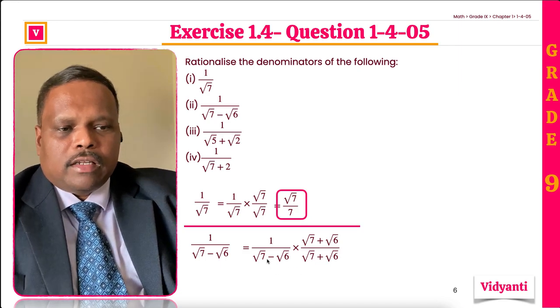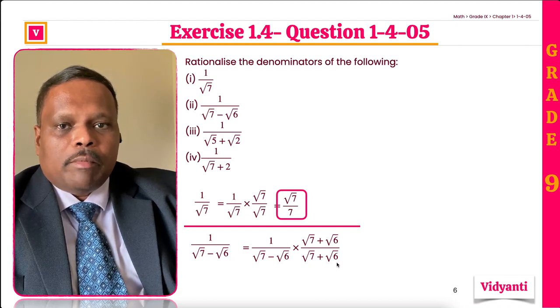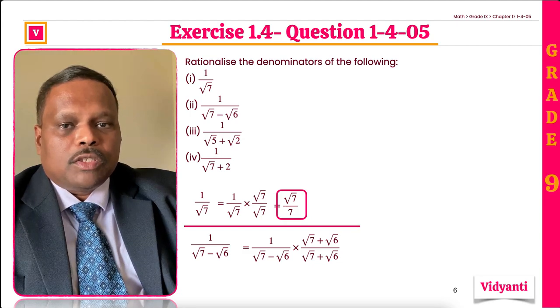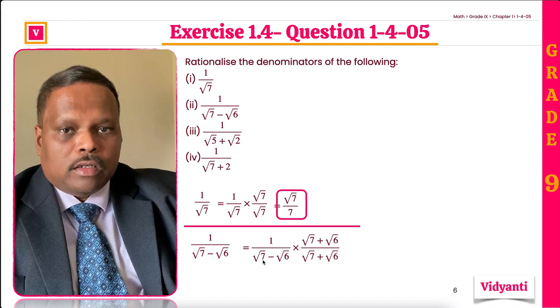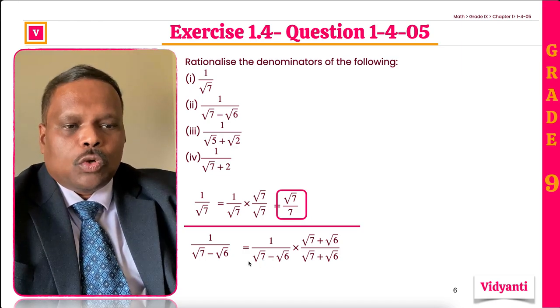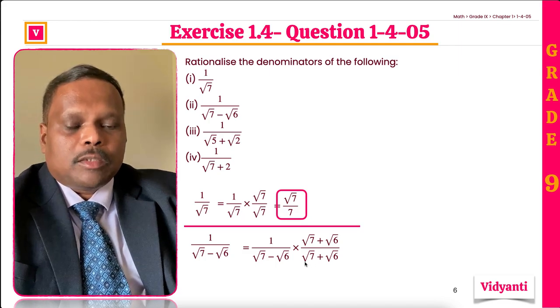Now you'll realize that in the denominator, you have a minus b, and then you have multiplied by a plus b. We know a minus b times a plus b is a square minus b square. So that means individual terms will now get squared, and the middle sign will still be minus.